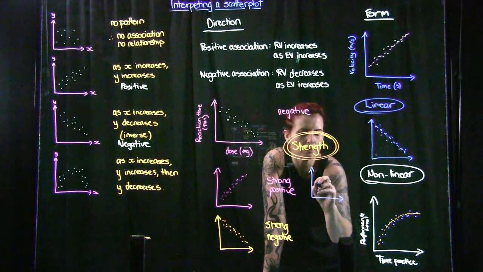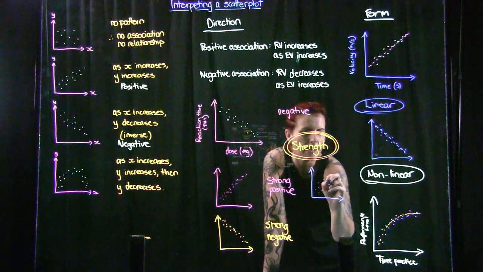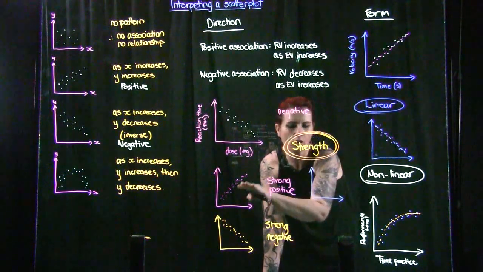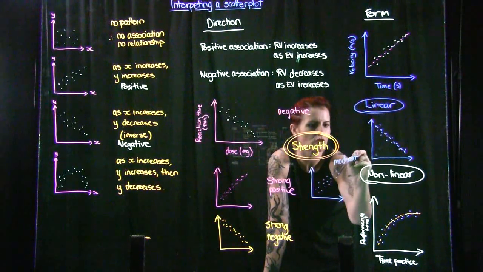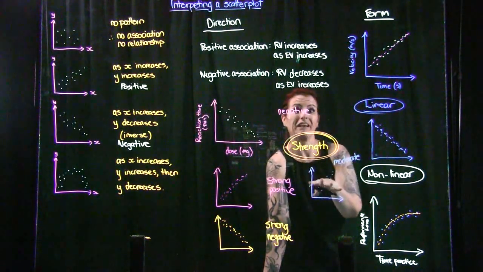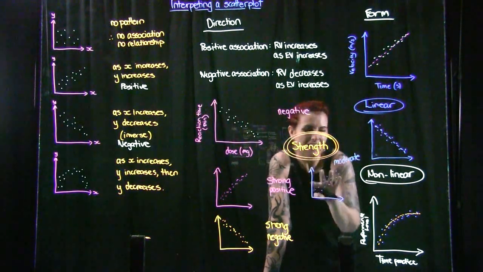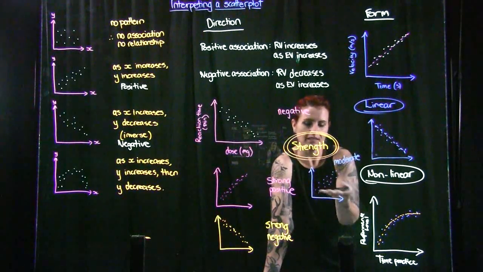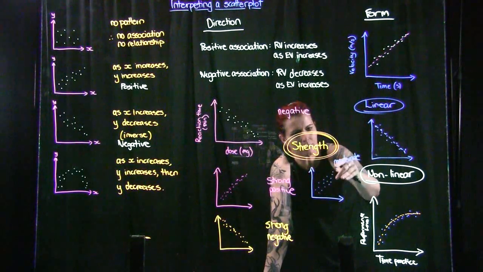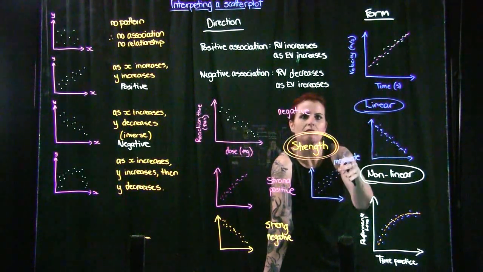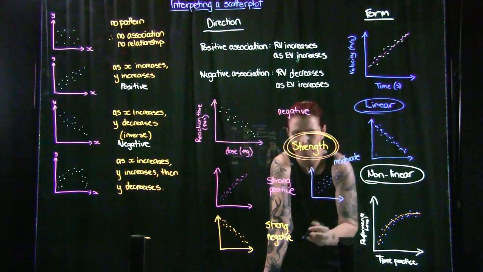Now a moderate is where they're kind of spaced out. You know, they're not as close as strong. So this one is moderate. Make sure yours isn't as squished in as mine here, I just run out of room. And again, it can be positive or negative, that makes no difference. But see how they're more spaced out, but we can still see that pattern. We can still see a clear pattern.